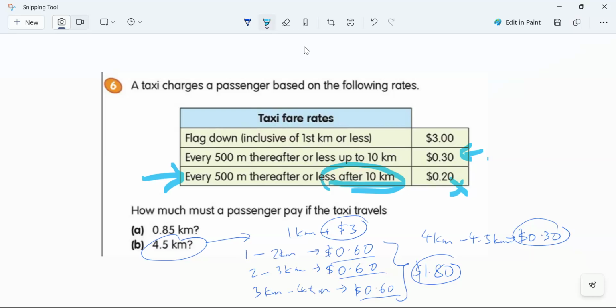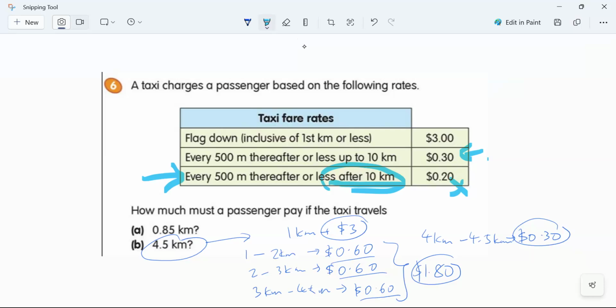So in other words, you can say every 500 meters next, all the way up to 10 kilometers. But once you travel past 10 kilometers, then the next level of rate comes in. There is 20 cents. So in other words, the further you travel, the cheaper the rate starts to get. Okay? So one more time, it goes like this.